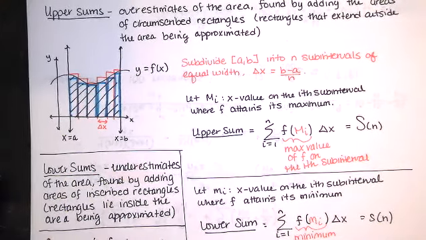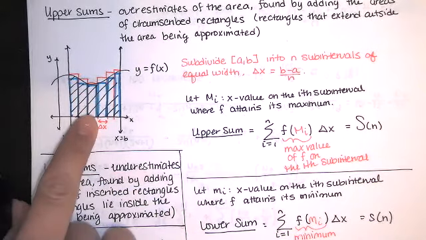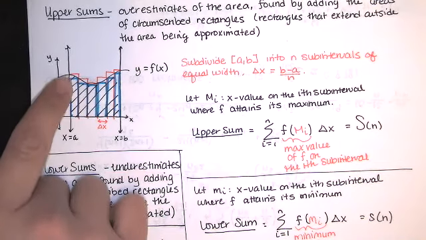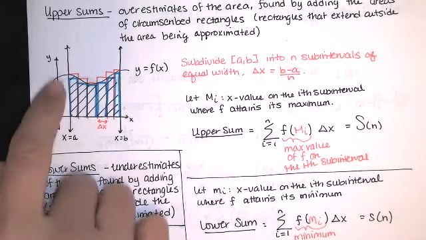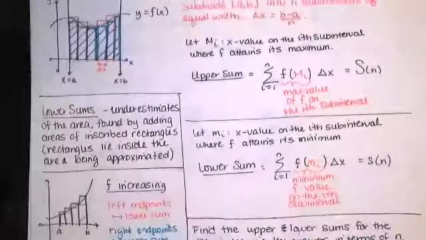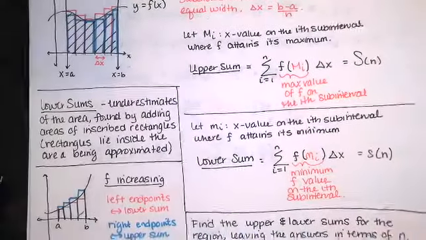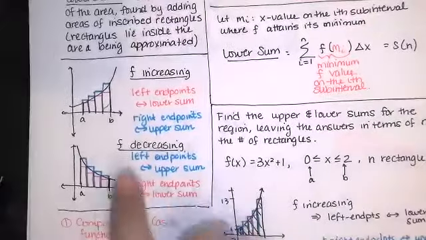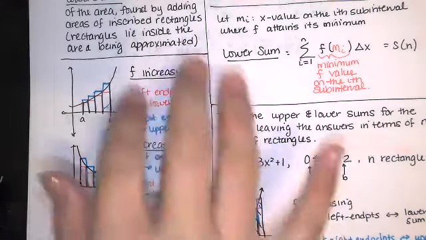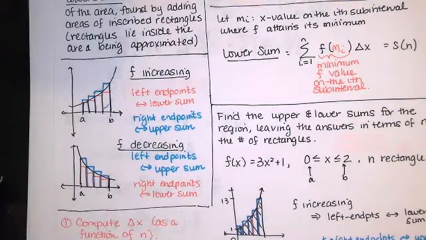For lower sums, we're using these blue rectangles. So that's where we're evaluating the function at an x value that leads to the minimum value of that function being that height. And those rectangles are always inscribed. It's always within that area under the curve that we're trying to evaluate. If the function's increasing or decreasing, one of those corresponds to the left endpoints and one of them corresponds to the right endpoints. The geometry will tell you which one is which.